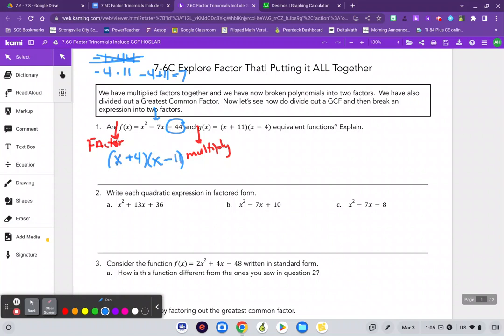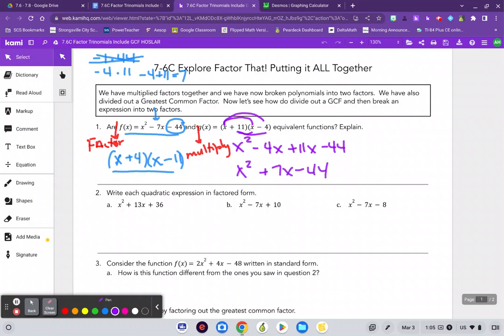You can check by multiplying this out, or you could check by graphing the f function and your answer on Desmos and making sure that they match. If you multiply out, we've talked about breaking it apart or the box method. What you're really doing is multiplying each term in group 1 by each term in group 2. When I combine those like terms, I get x squared plus 7x minus 44.